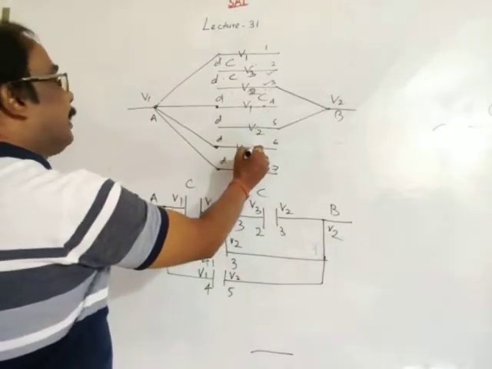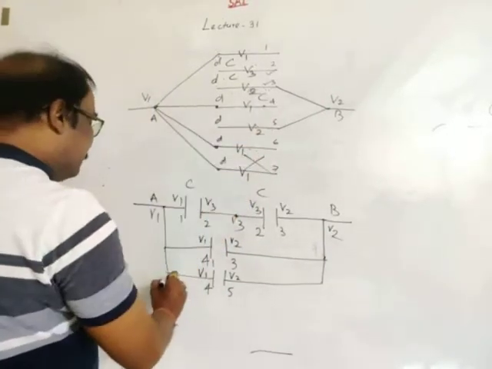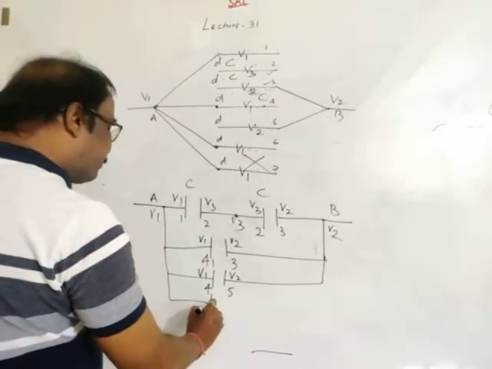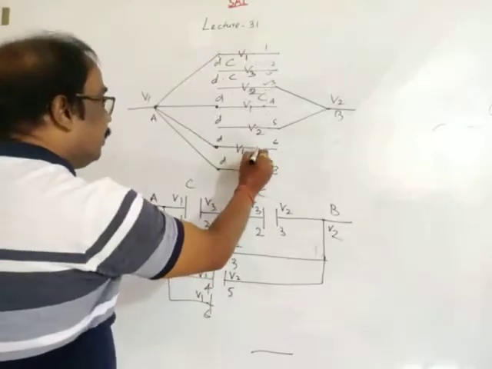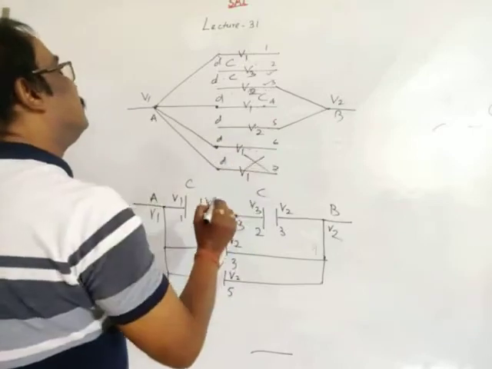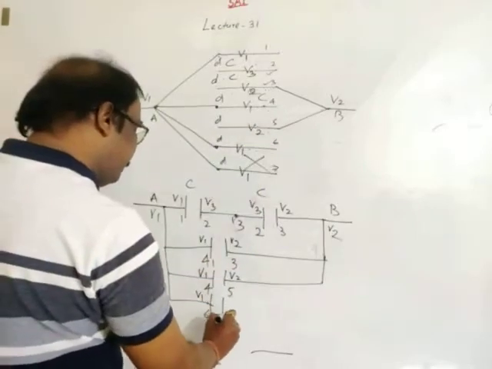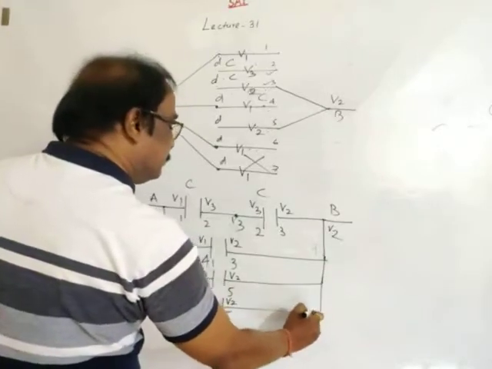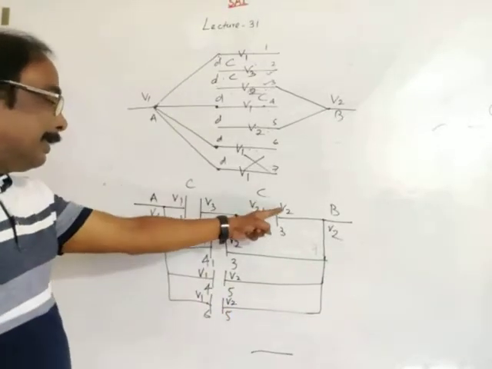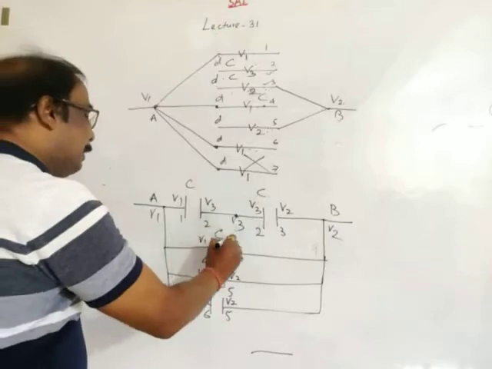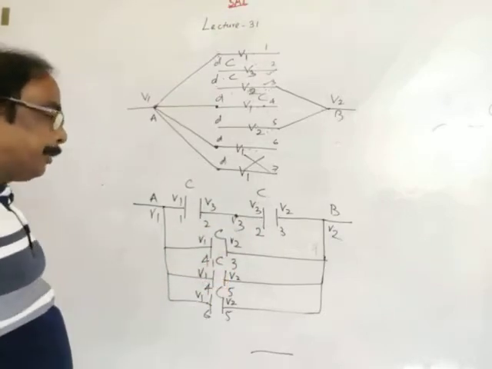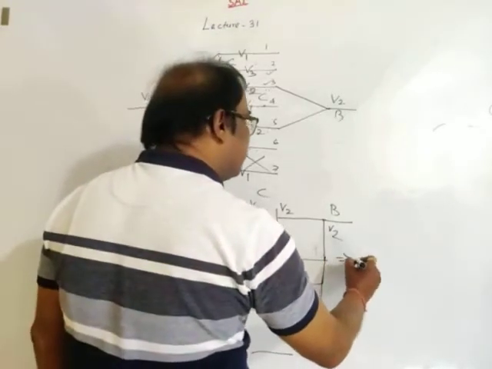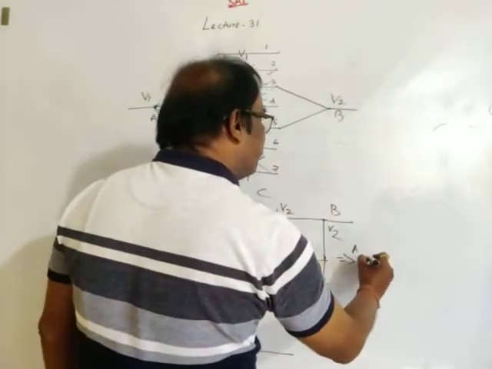Then between 5th and 6th plate, 6th plate is at V1, 5th plate is at V2, connect to B. See, these two are in series, C and C, all these are also C. Then equivalent capacitance between A and B, C.